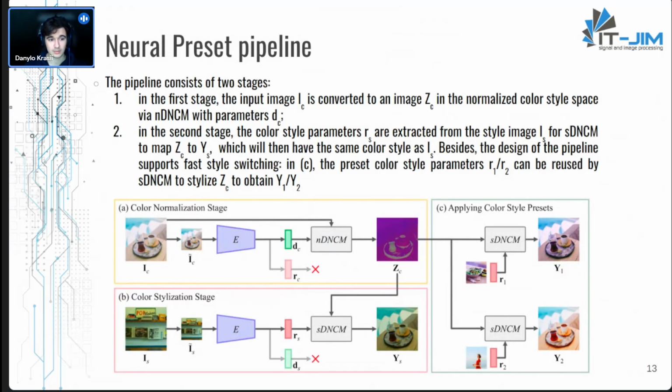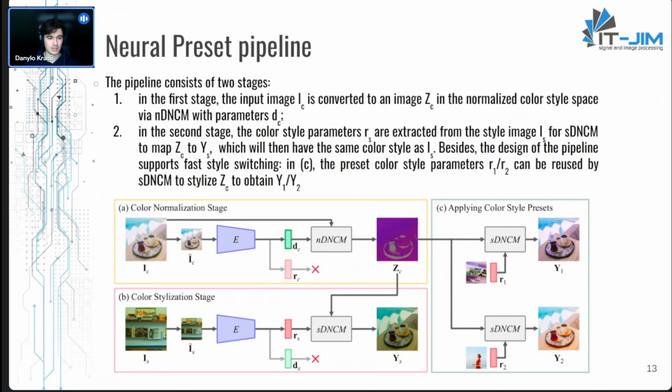So here is the Neural Preset pipeline. The authors designed an explicit two-stage pipeline based on the NCM model. The key insight behind the pipeline is that if we can separate the color style of an image from its content, we can effectively transfer different color styles to the image content.